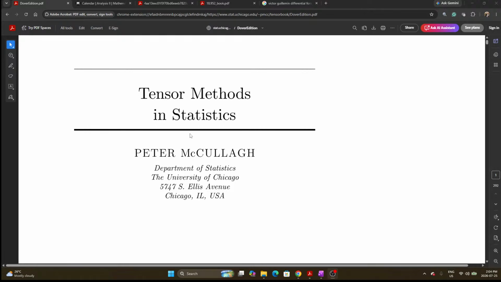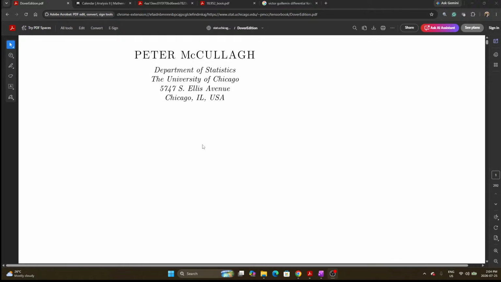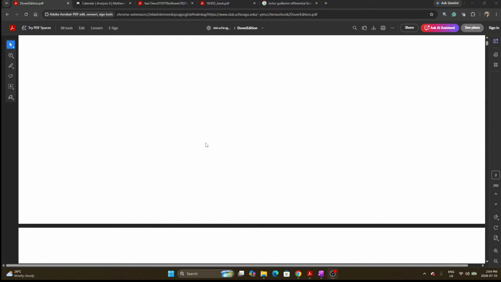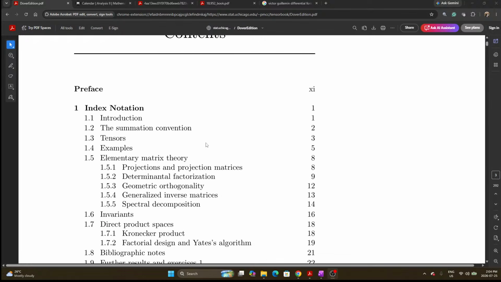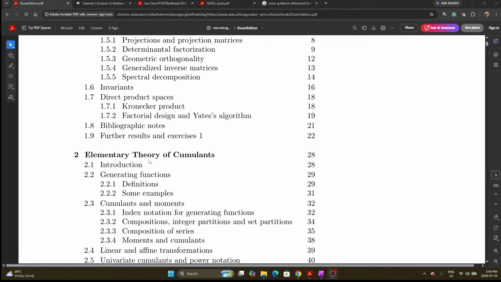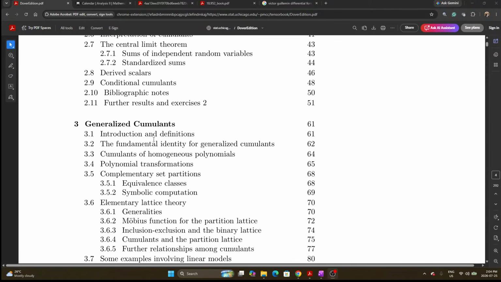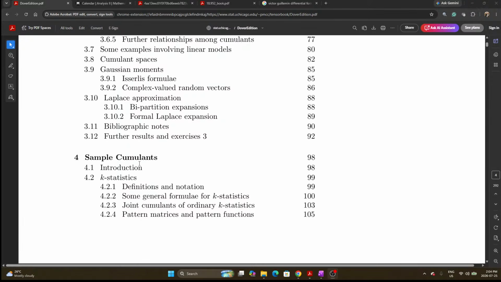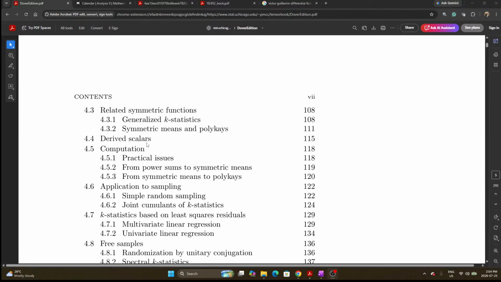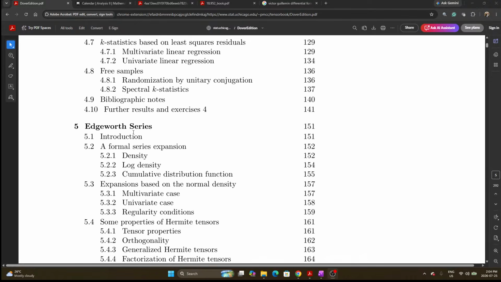And in this book, in particular, Peter McCullagh uses tensors as a calculation tool. In particular, the theory of cumulants, generalized cumulants, Edgeworth theory. Edgeworth theory is a tool in asymptotic statistics. You can think of this as the extension of the central limit theorem.